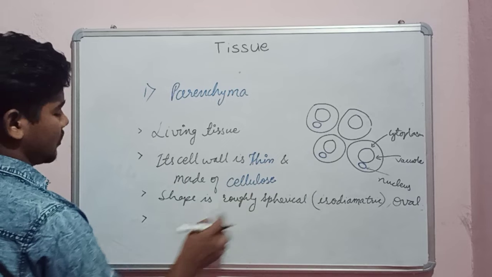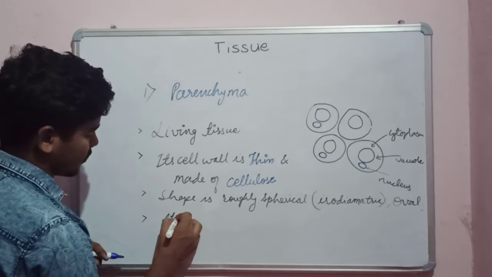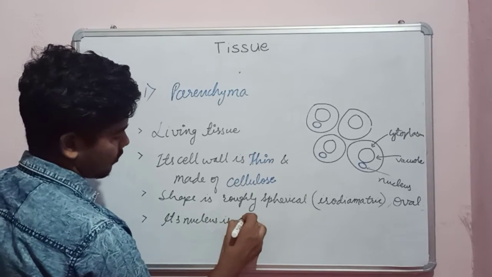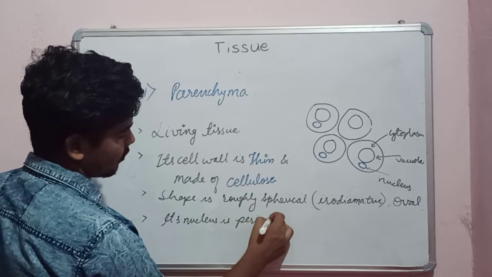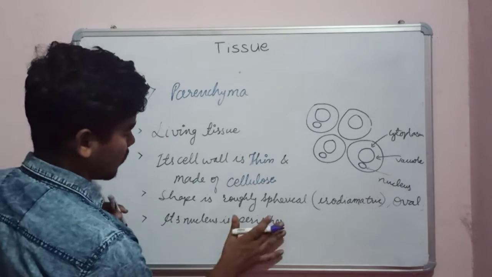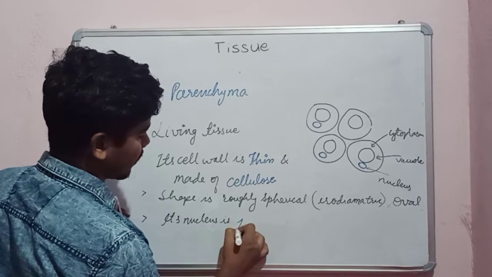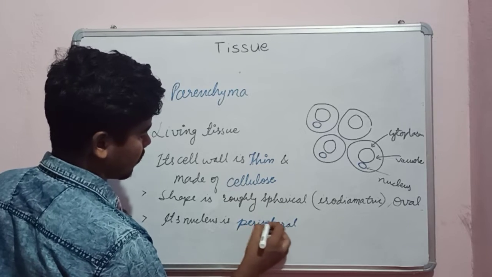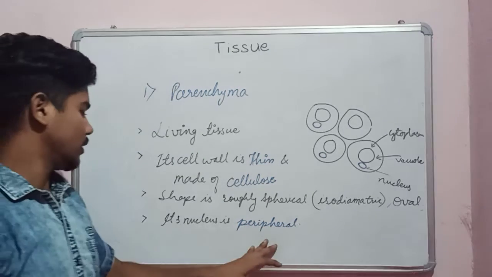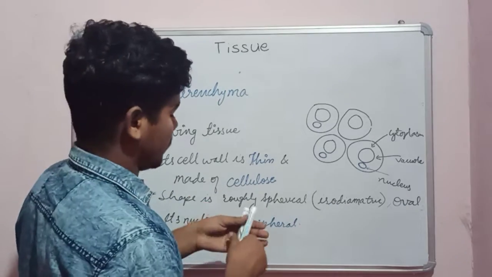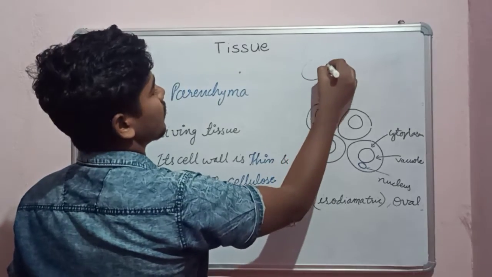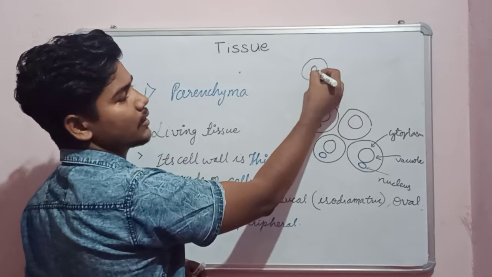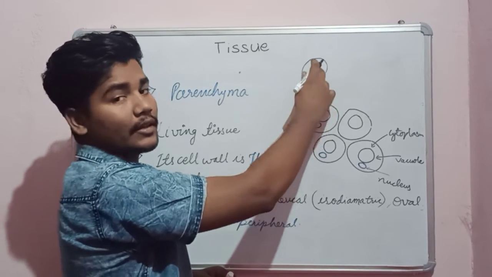After saying this, we can write its nucleus is peripheral. Let's write with blue marker. Peripheral. What is the meaning of peripheral? Let us draw a simple cell. If the nucleus is at the center of the cell, that nucleus will be called central nucleus.